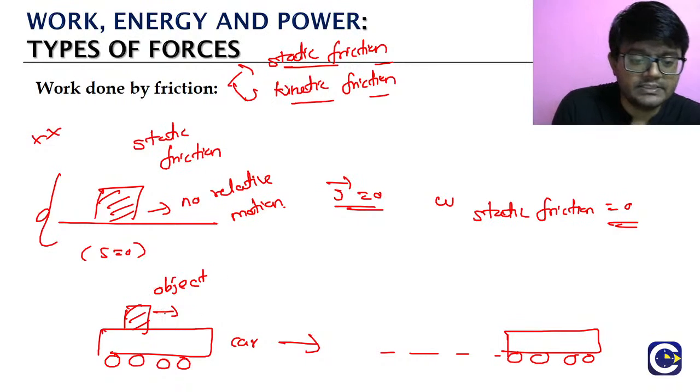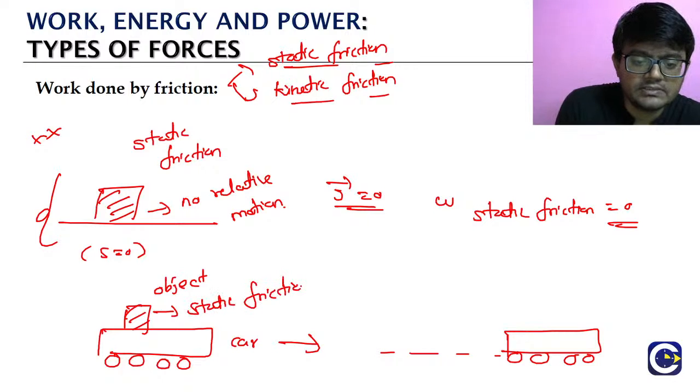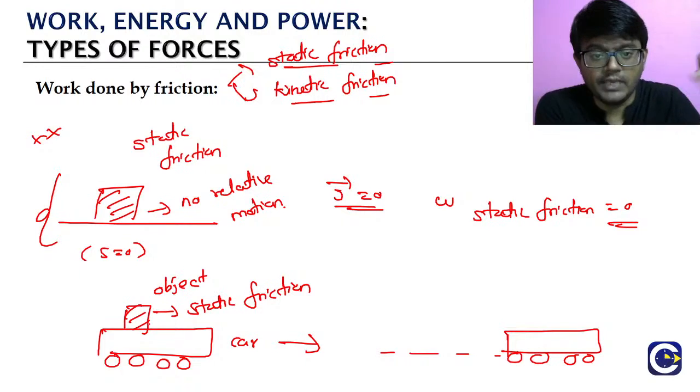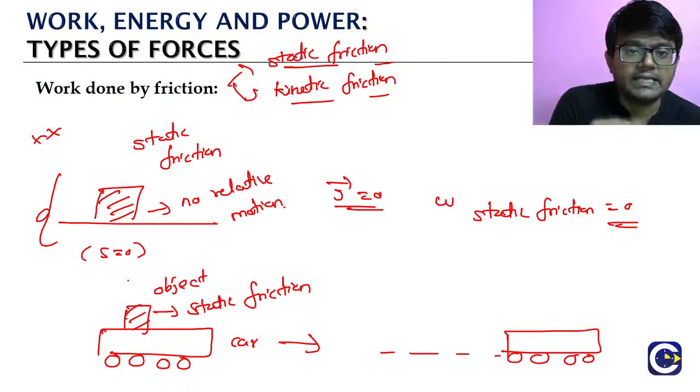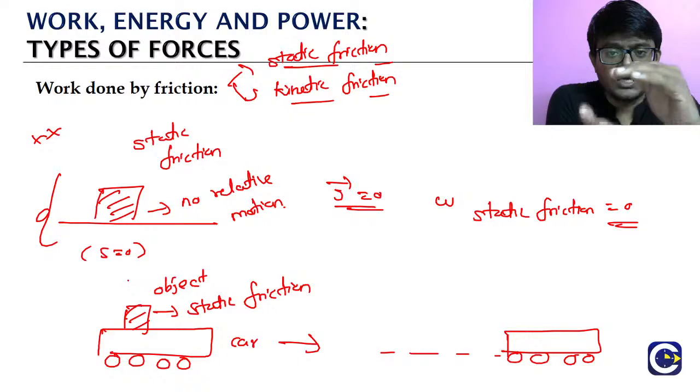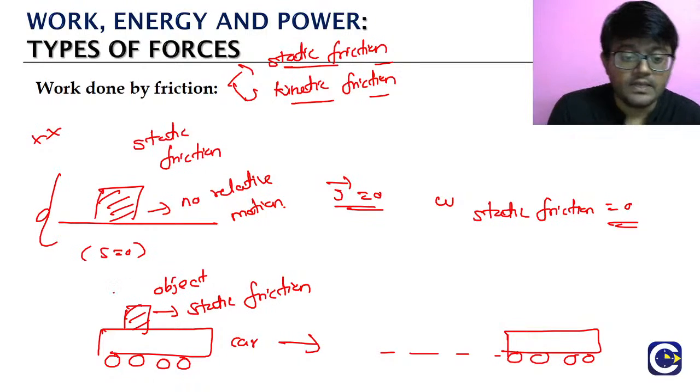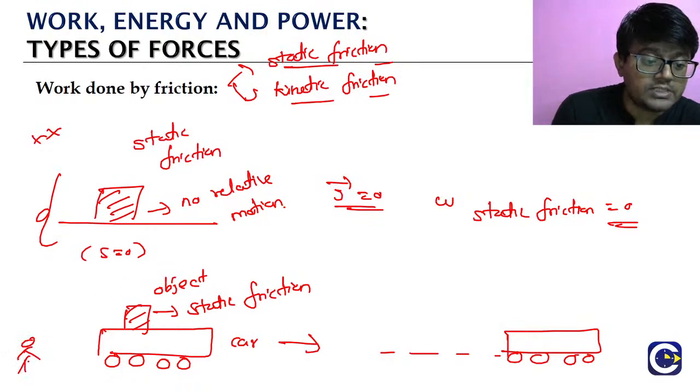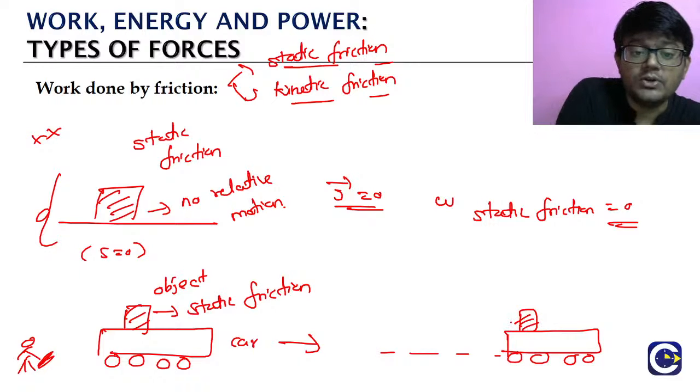The force acting on the object will be static friction. So the object is moving along with the car, meaning there is no relative motion. But a stationary observer outside will see the object move along with the car.